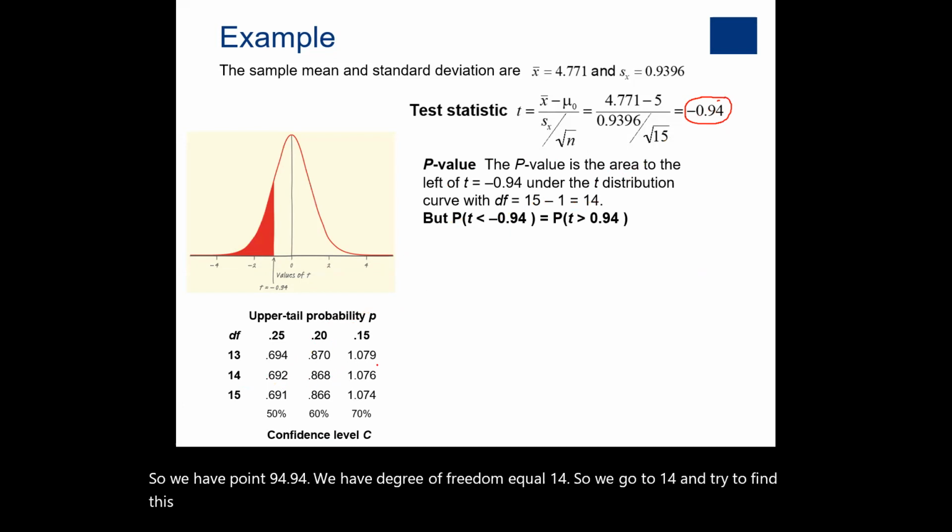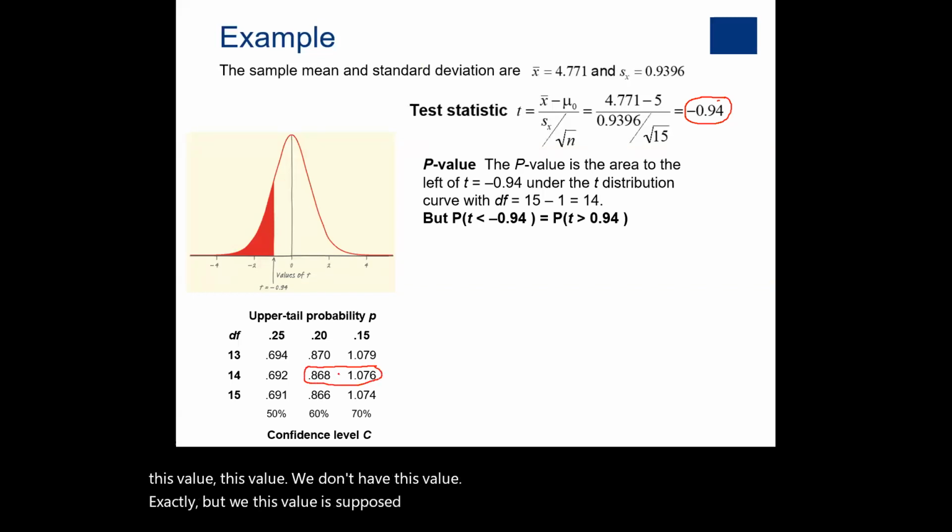We don't have this value exactly, but it is supposed to be between these two values, between 0.2 and 0.15. Less than 0.2 and greater than 0.15.